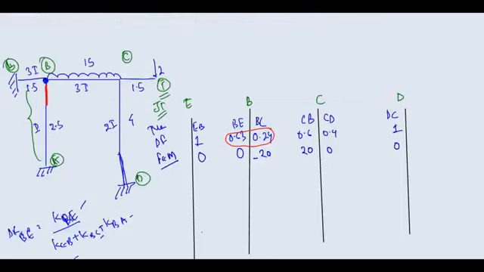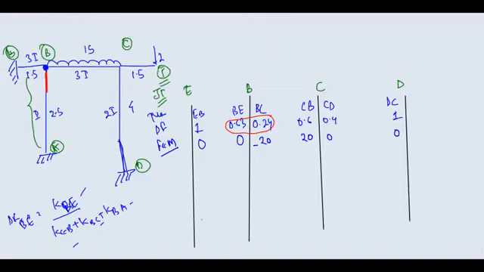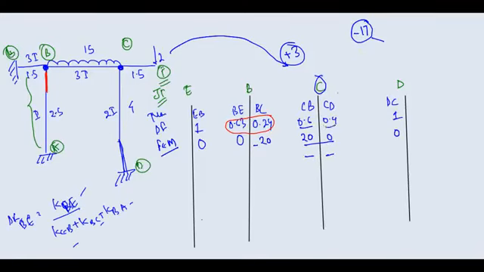Now in the next step you should look if you have any overhang. Yes, you are having an overhang at joint C, where you are having a net moment of 3 clockwise. Somehow this 20 is present here, and I want to make this 3. To make it 3, I want to subtract 17 from 20. So this minus 17 I have to distribute here and here. In what ratio should I distribute it? In the ratio of 0.6 and 0.4.